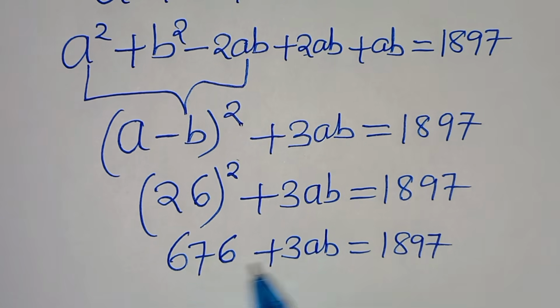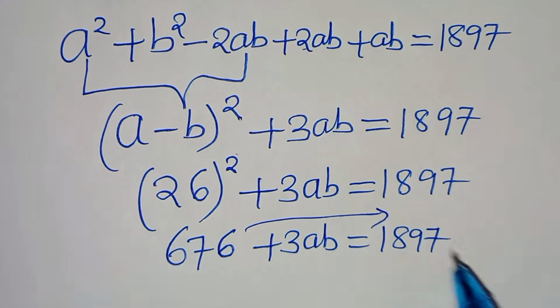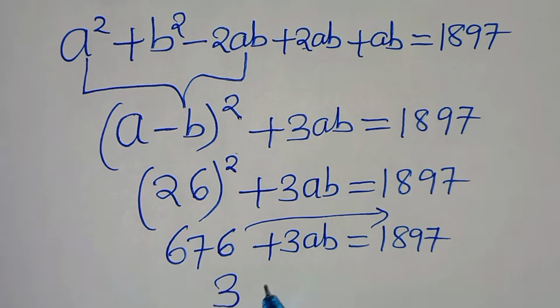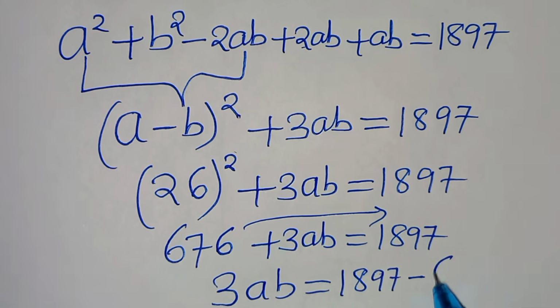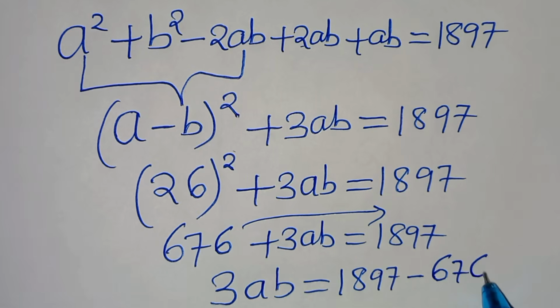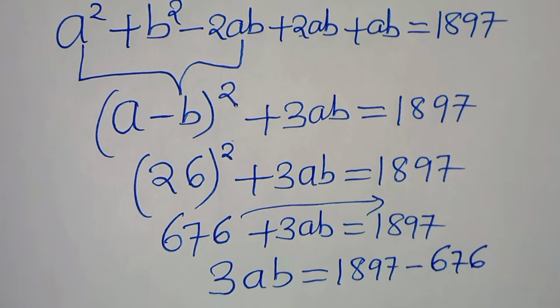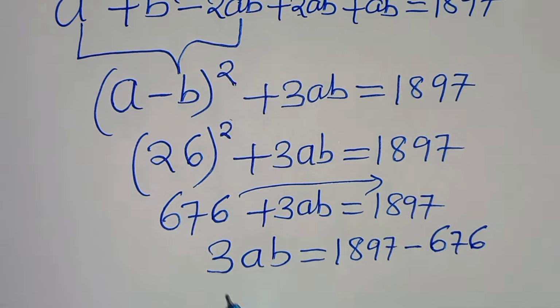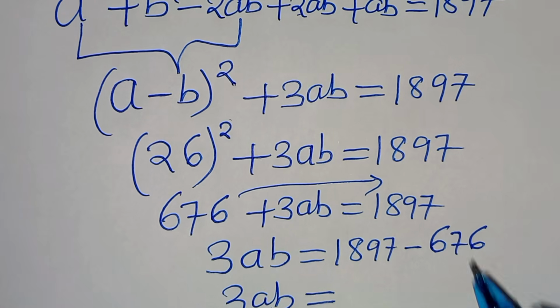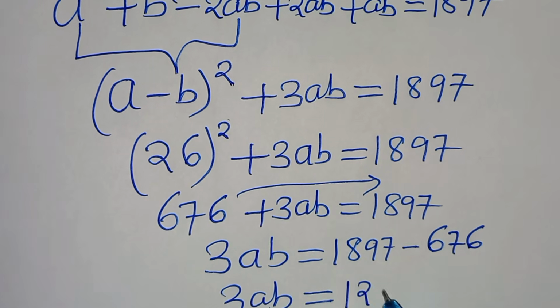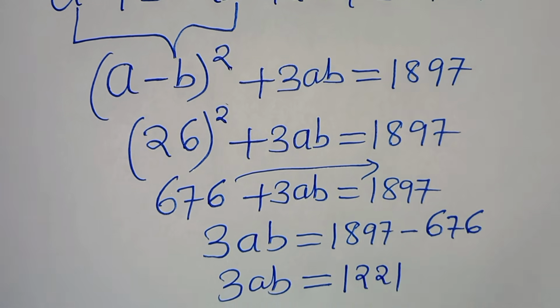Let's take 676 to the right hand side, and this implies that 3ab is equal to 1897 subtract 676. So 3ab is equal to 1897 minus 676, and this is equal to 1221.